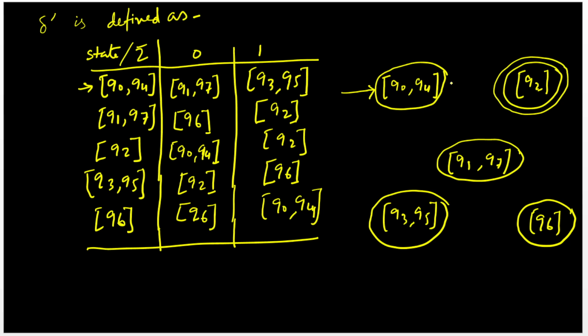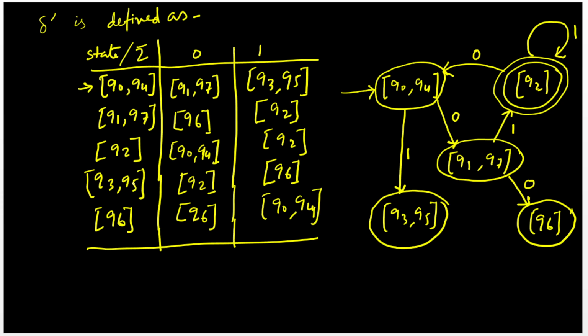Now from q0 q4, by taking 0 it goes to q1 q7, and by taking 1 it goes to q3 q5. Now q1 q7, by taking 0 it goes to q6, and by taking 1 it goes to q2. From q2, by taking 0 it goes to q0 q4, and by taking 1 it remains in the same state.